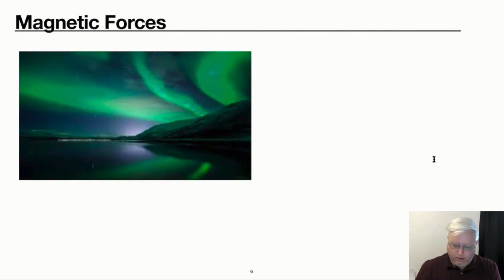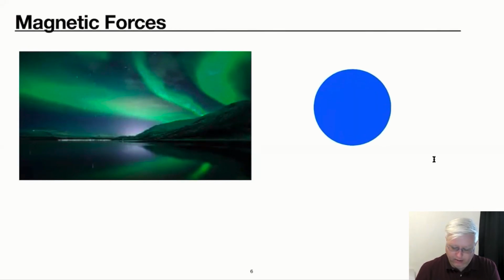Okay, and so what happens is if we look at the Earth, and we remember that the Earth is sort of shaped like this bar. It has a magnetic field that's sort of like a bar magnet, right? It's not a bar magnet in there. We think it's molten lava moving around.